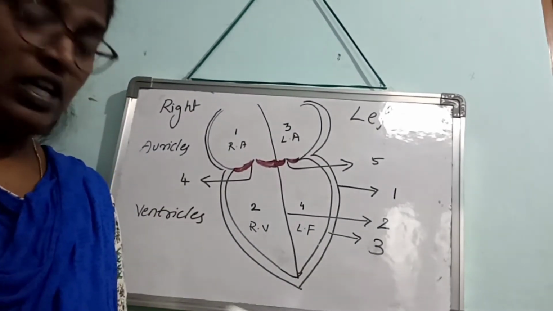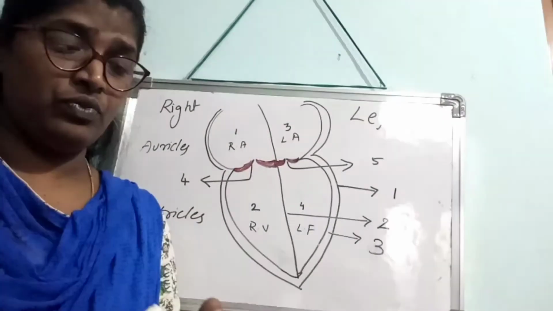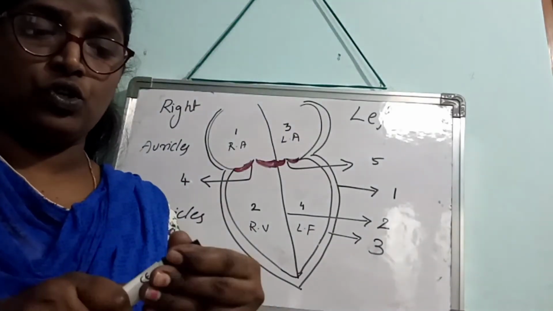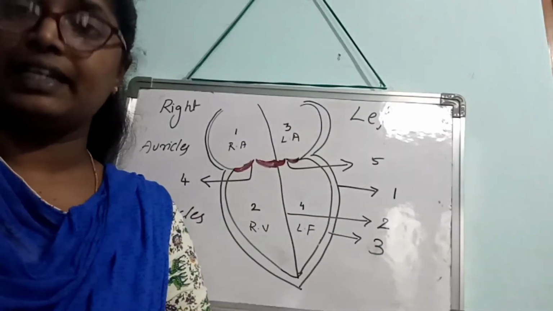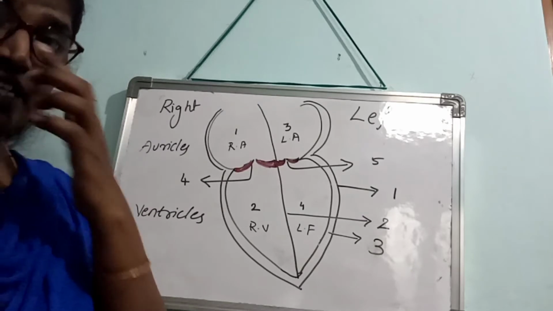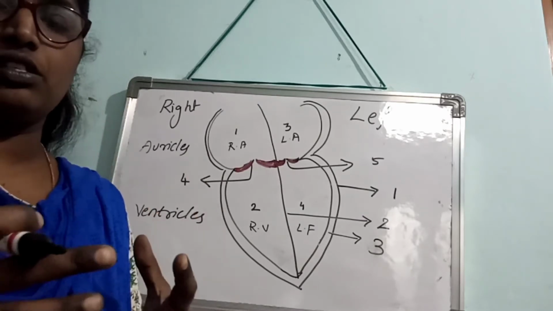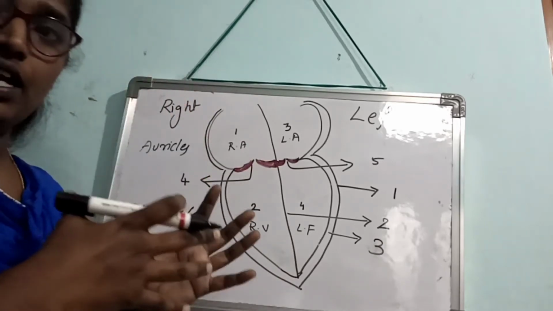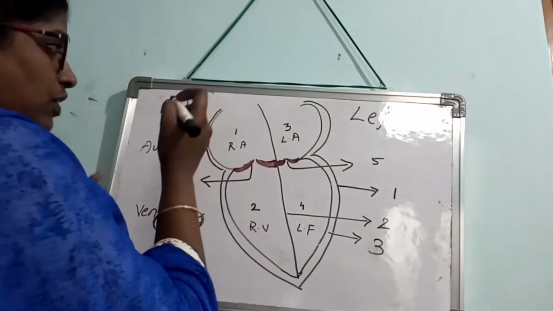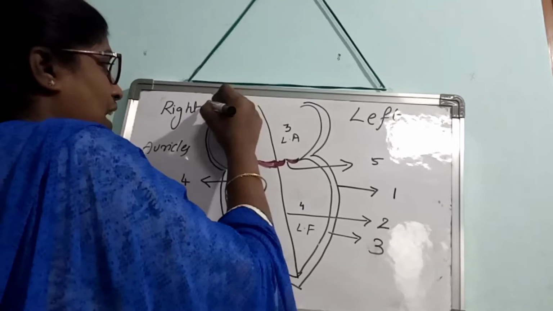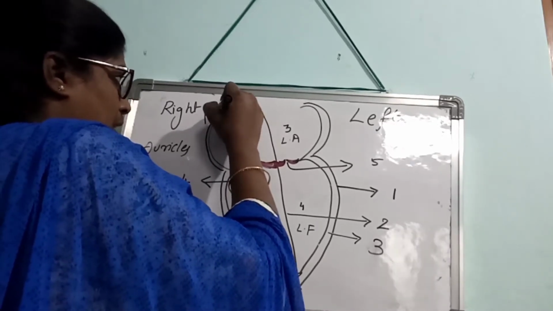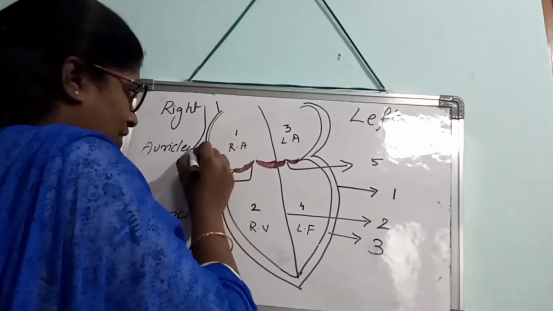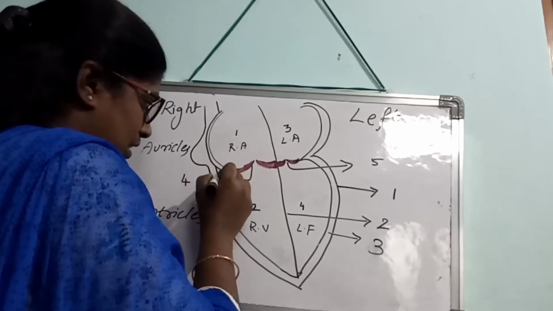Now, the heart is a structure which pumps blood. So, from where is the heart getting blood? It is getting it from a few vessels. Now, let us see the vessels which are present in the heart. On the right side, we have a very big vena cava.